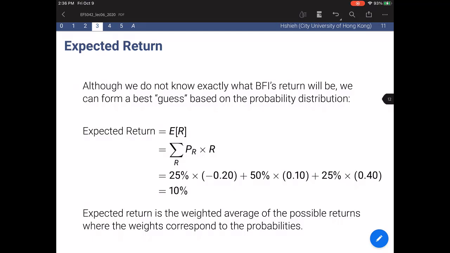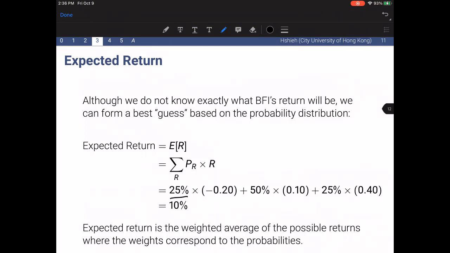Okay, so in the table for BFI, remember that we assigned a 25% chance in which the stock would decline by 20%. So these are the numbers here, right? A 25% chance of a 20% decline, a 50% chance of a 10% increase in the stock, and a 25% chance of an increase of 40%.